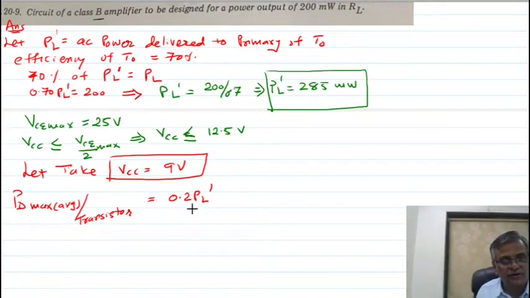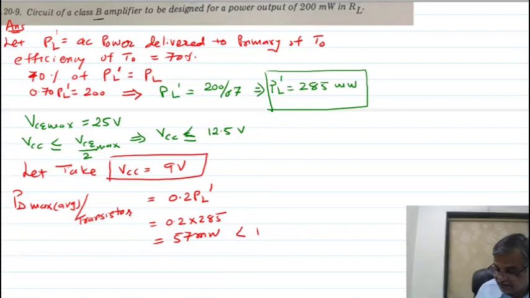The average value of maximum dissipation occurring in a transistor over a full cycle is given by 0.2 PL dash. So 0.2 multiplied by 285 is nearly 57 milliwatt.